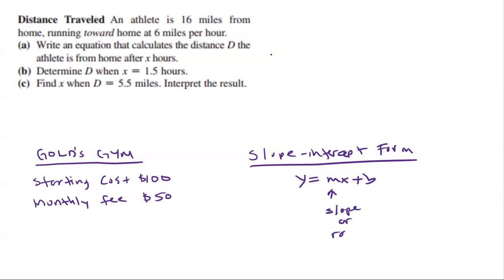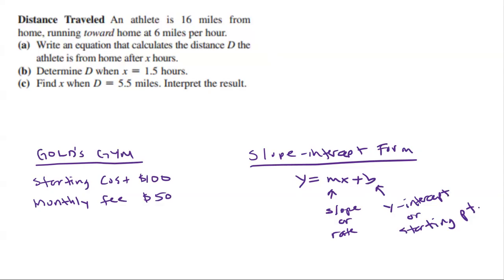Or rate. That's the slope or rate. What about the b? What does that mean again? That's the y-intercept, right? Or starting point. It's so important that you understand what those two mean.